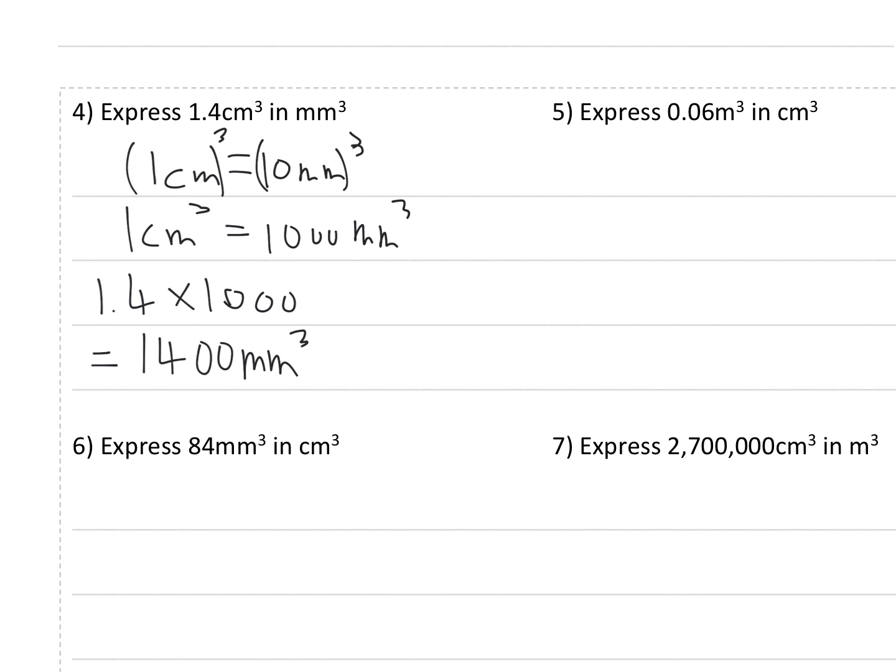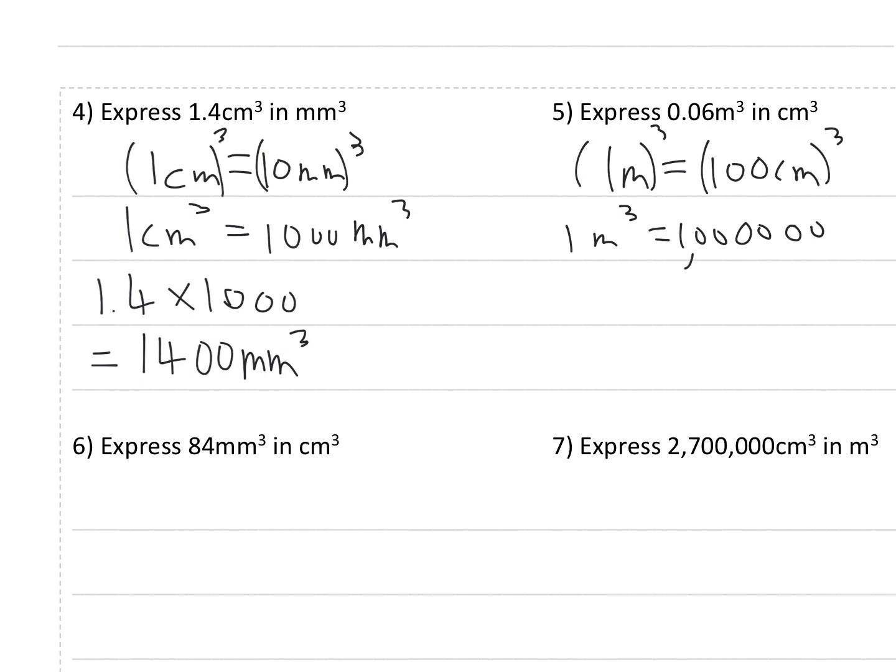Example 5, we've got 0.06 meters cubed, and we want to put that into centimeters cubed. So we write down what we know. We know the conversion from meters to centimeters is that 100 centimeters makes a meter, and then we cube that to get the cubic conversion. 1 meter cubed would be 100 times 100 times 100, or in other words, 1,000,000 centimeters cubed.